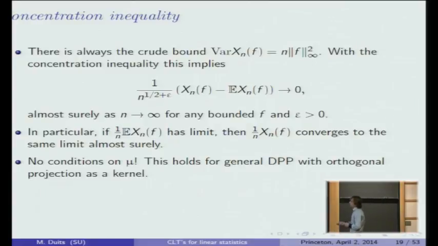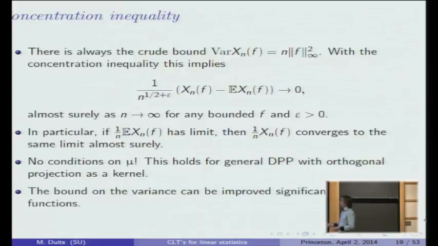But of course, we wanted to analyze the fluctuations, and we hope that the fluctuations are of order 1. So this is much stronger than what we have here, so we need something extra. This is where we need the function to be differentiable, and it has been shown before that if you have a C1 function, the variance can be bounded in a much better way.